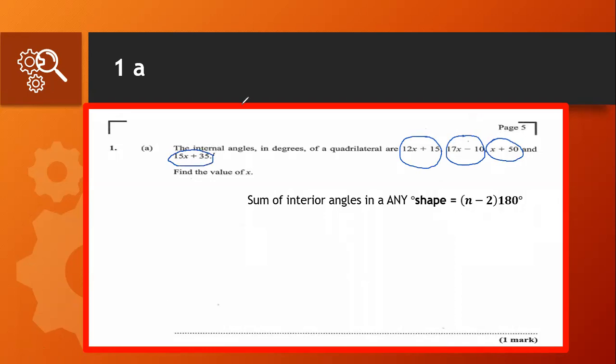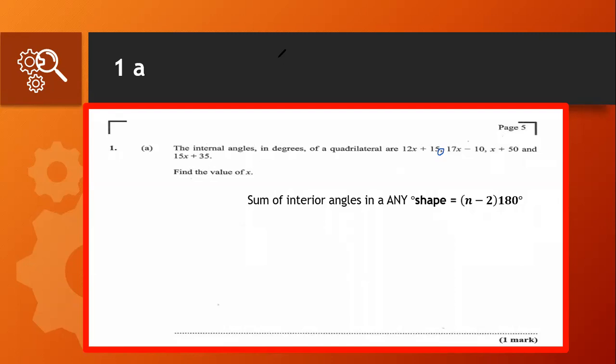Also, if you notice very carefully, each expression of x is separated from the next expression of x by a comma. A comma is telling me that the angles are separate from one another. In other words, they are more than one. And in this case, they are 1, 2, 3, 4 angles.